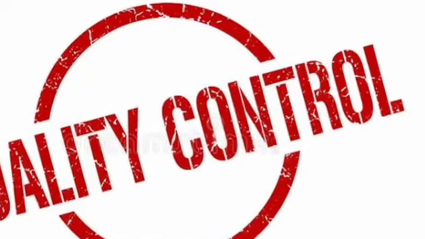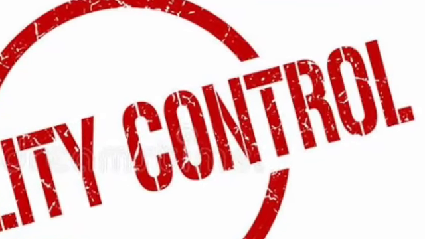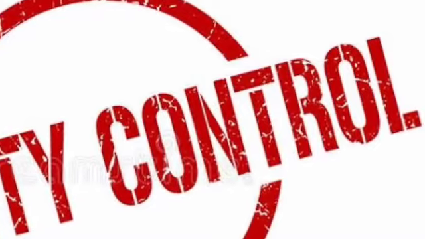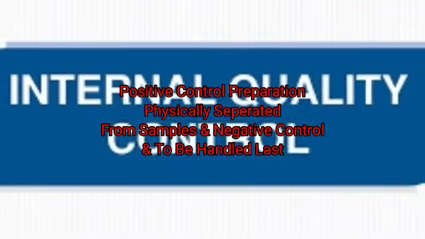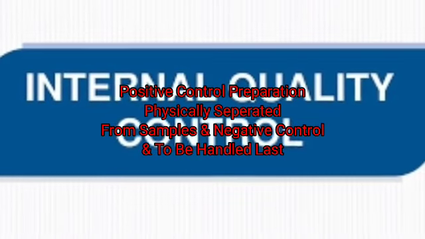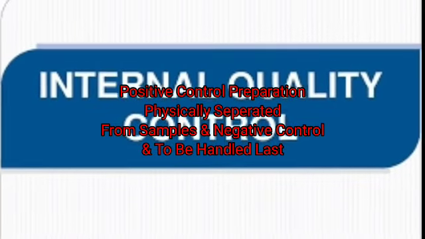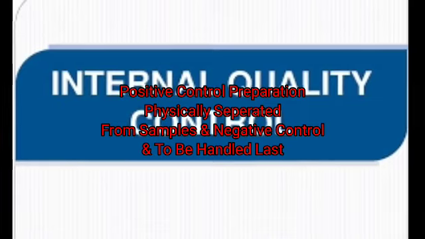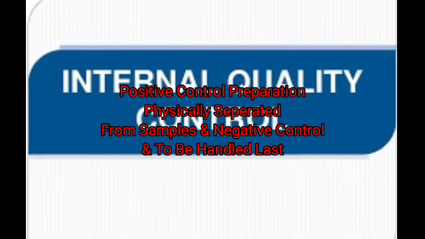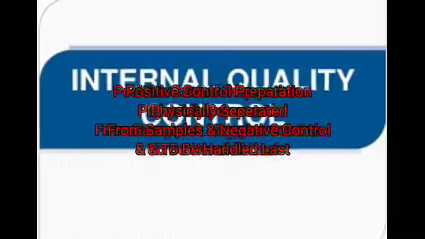Precautions should be taken to avoid contamination of samples with positive control template. Positive control preparation should be physically separated from field sample and negative control preparation, and positive control samples should be handled last.